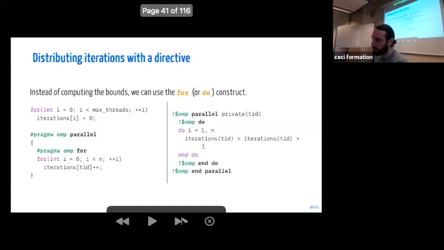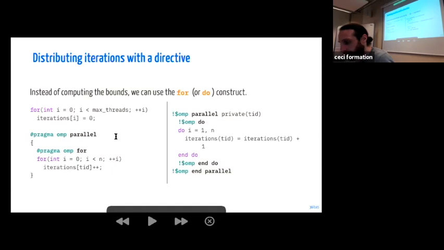But it's quite time consuming to have to think about that all the time and do a complicated division of the work. We are lucky, because we already have a construct for that in OpenMP.